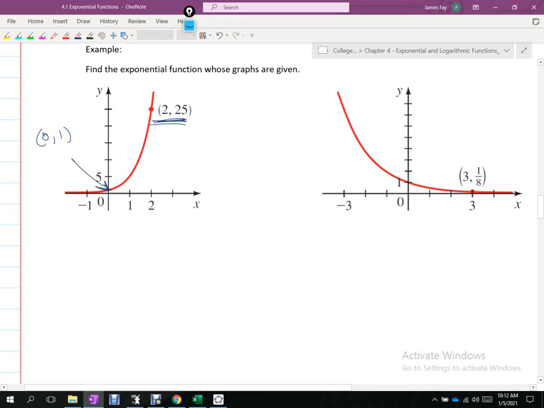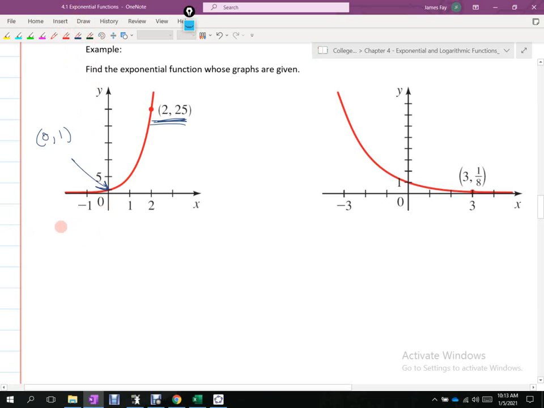You're going to need at least 2 points that exist on your exponential curve to create the equation for it. One of those points, hopefully, is the y-intercept. That's going to be the easiest for us when we're trying to write these exponential curves.